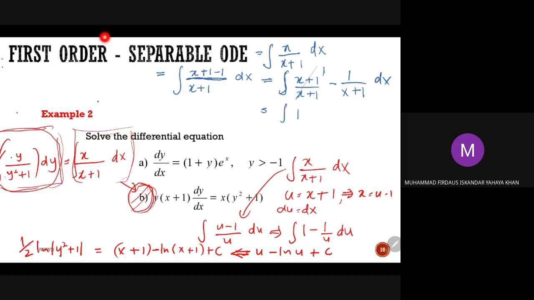So dia akan dapat 1 minus 1 over X plus 1 dx. So maknanya yang ni, dia integrate 1, dia akan dapat apa? Akan dapat X. Yes, dan then this one they will get ln X plus 1 plus C.